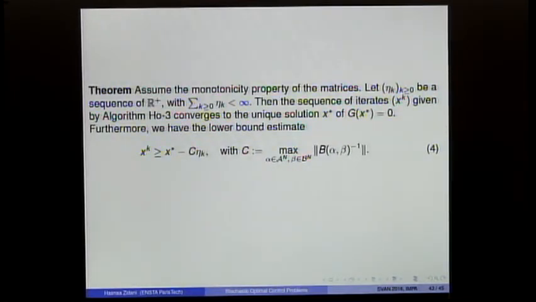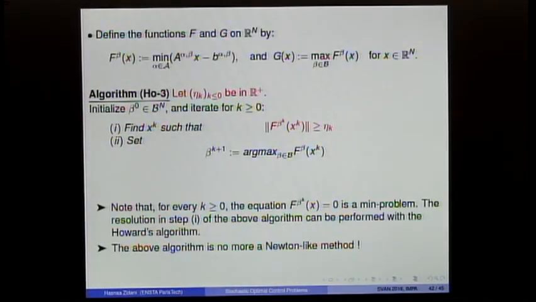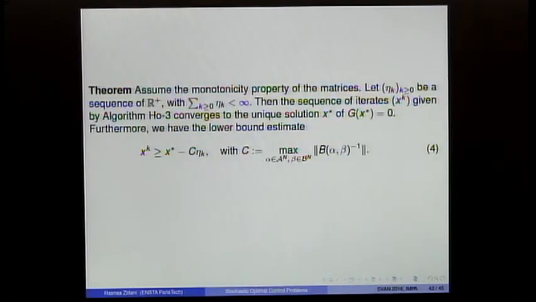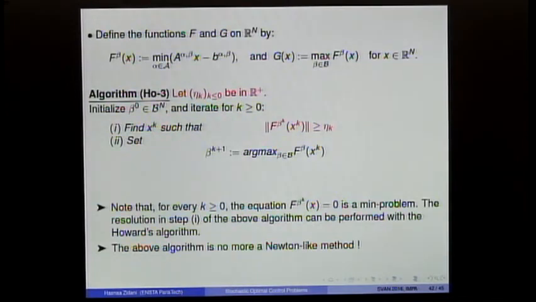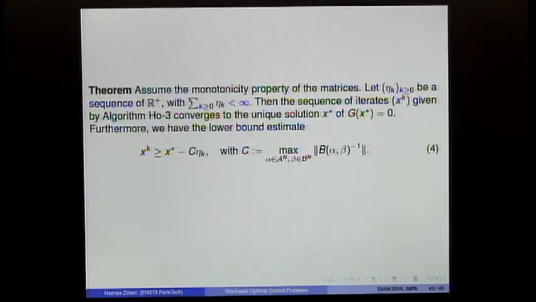Now, what you can prove is that if eta k goes to 0 when k goes to plus infinity, then the sequence you are computing by this modified nonlinear Howard algorithm converges, and it converges to the unique solution of the min-max problem. And it is unique, again, because we are assuming the monotonicity of the matrices. This is what makes the solution unique. And we have some bounds on the solution.